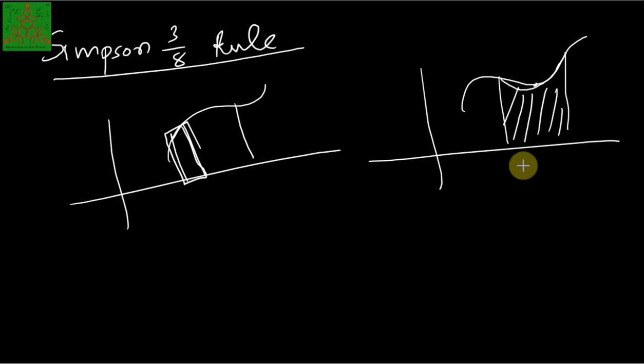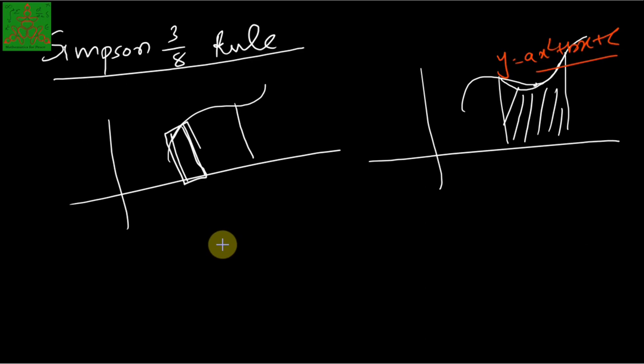In the third method, Simpson's 3 by 8 rule, instead of taking 2 or 3 points, we will take 4 points. So that is taking the area under a cubic equation. Here we have taken a linear equation, then a quadratic equation, that is y equal to ax square plus bx plus c, this type of equation known as a parabola.